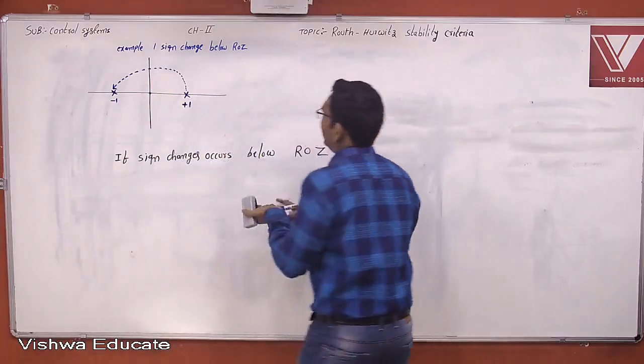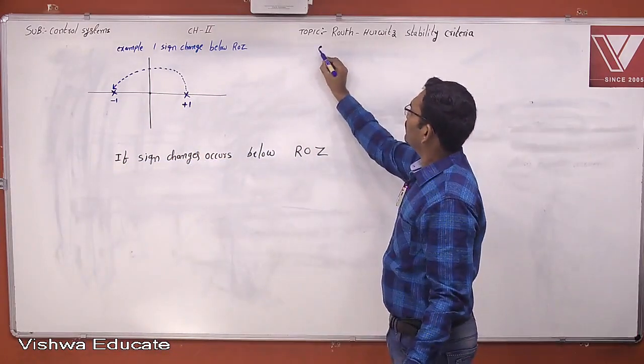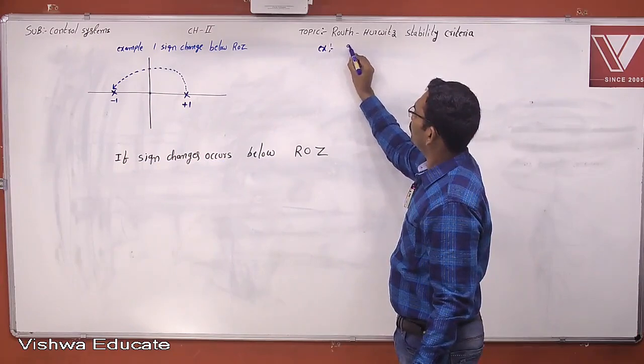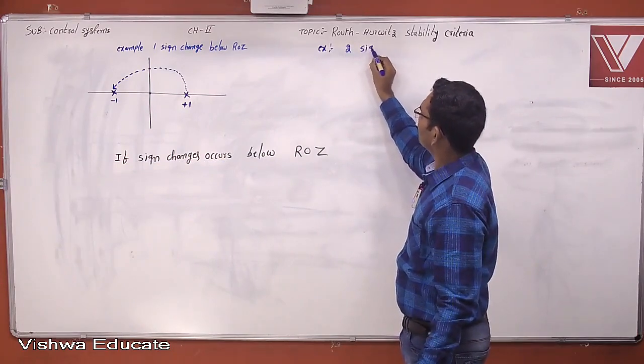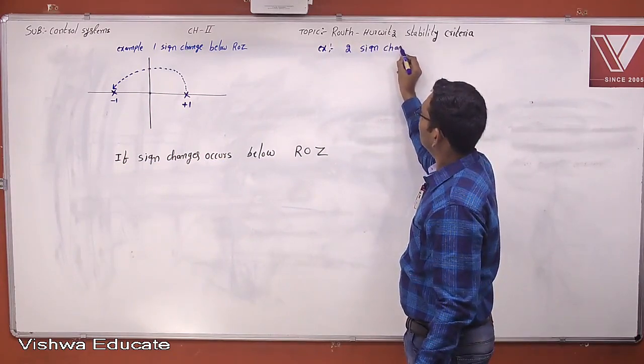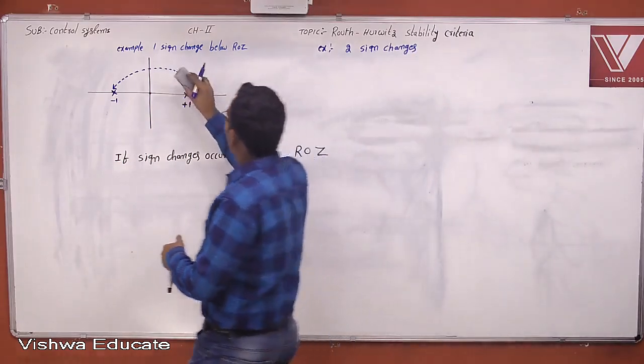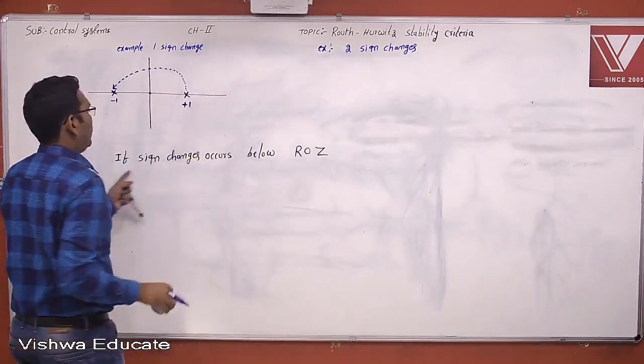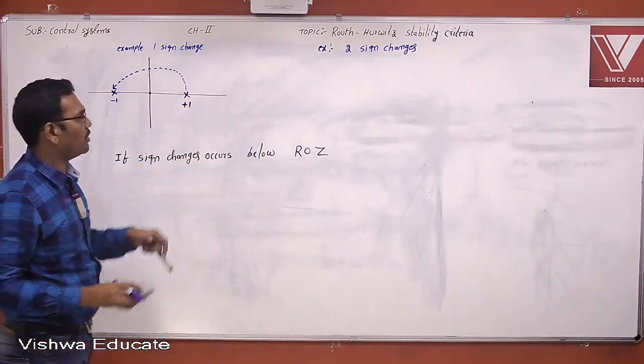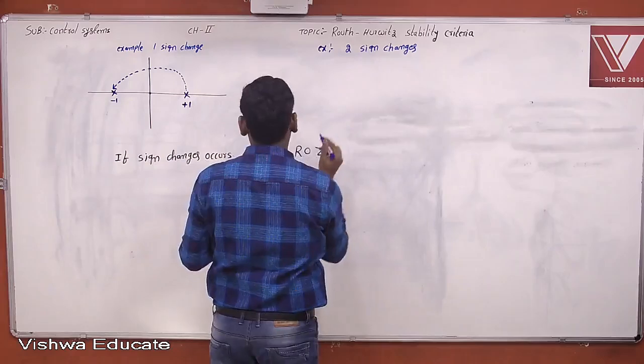Now let us take for example two sign changes. Now this is only one sign change, where this sign change is below ROZ. Now there are two sign changes.